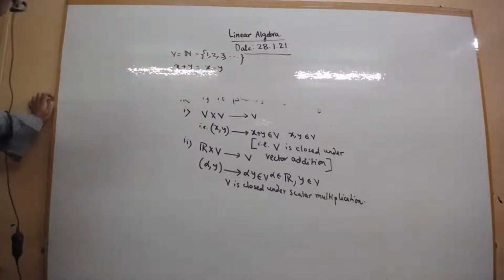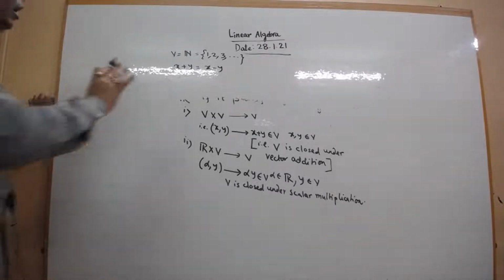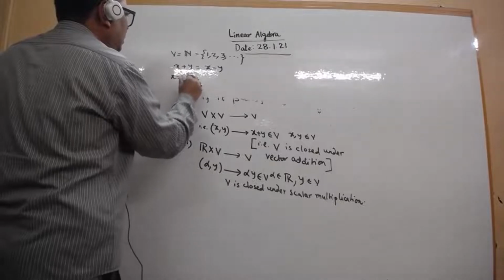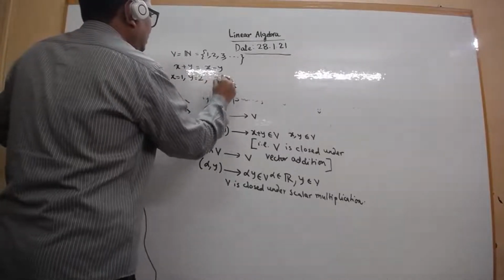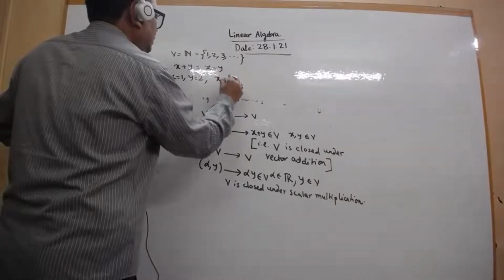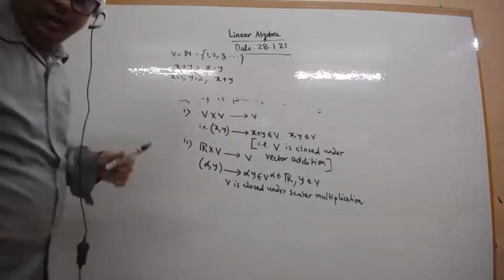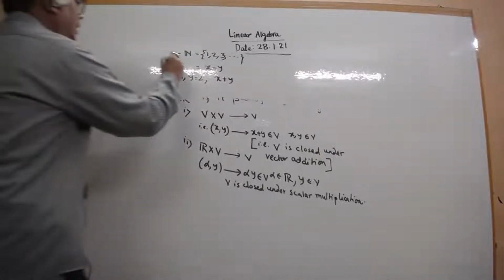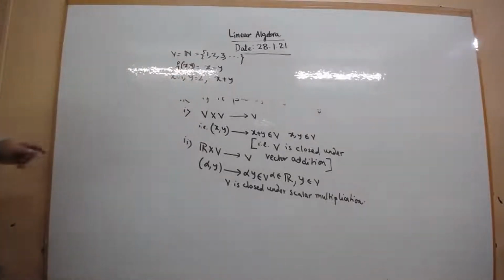So addition is a function. If you take x equal to 1 and y equal to 2, I think it is better to write it in that way: f(x, y), this function I define as x minus y.